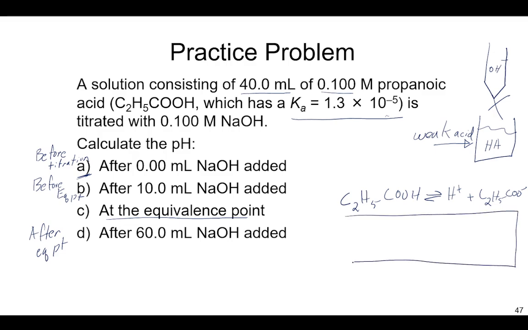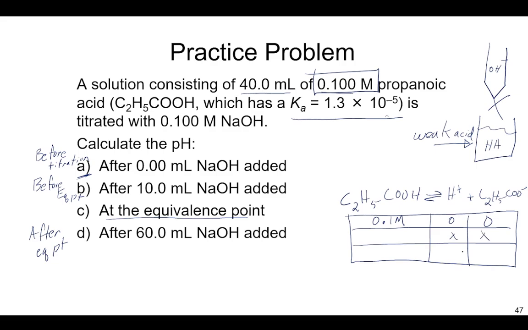I can think about an ice chart here and an equilibrium, starting with nothing on the right and starting with my initial weak acid concentration on the left, 0.1 molar propanoic acid.